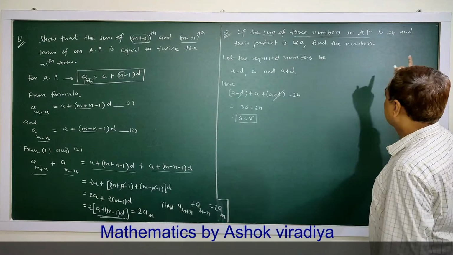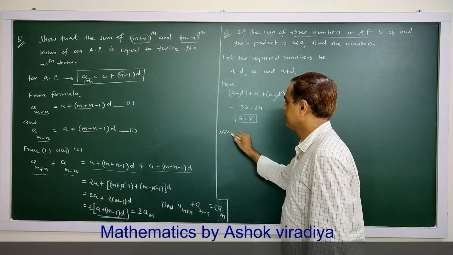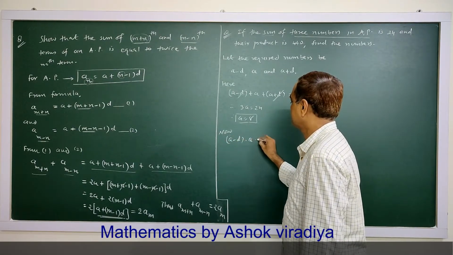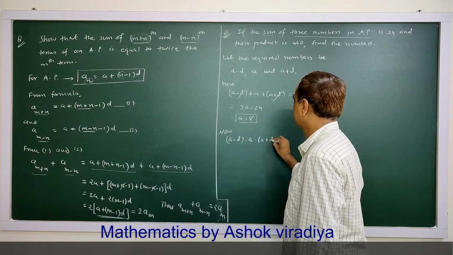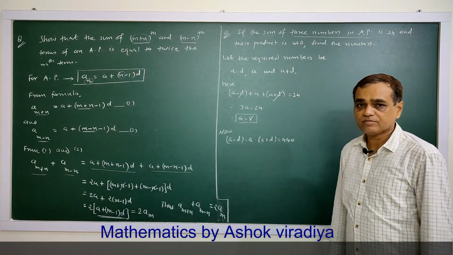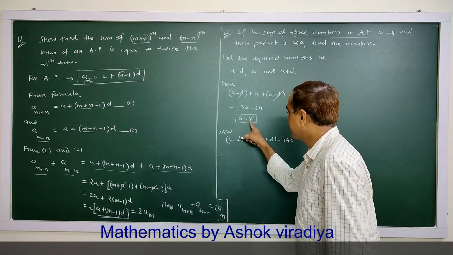Now, the product is 440. The product of these numbers is 440. Now in this equation I substitute the value of 8.